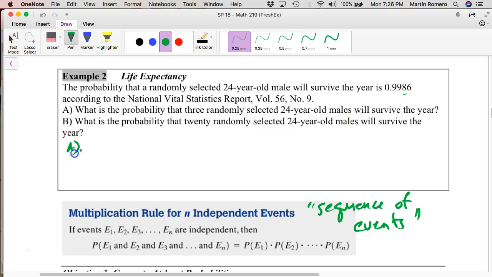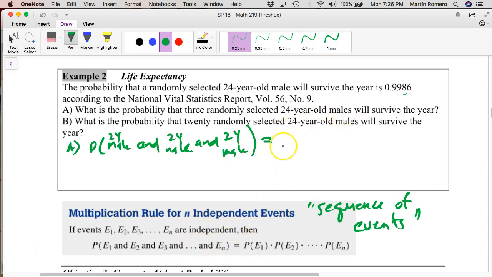So on part A, the question really is, what's the probability that you have 3 males survive, that a 24-year-old male survives, and another 24-year-old male survives, and another 24-year-old male survives. And so it just becomes a product, a sequence of events, that all 3 of them survive.